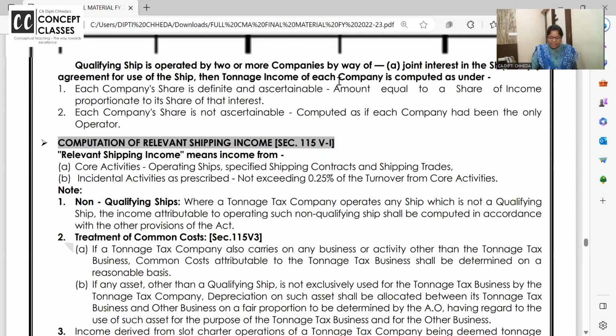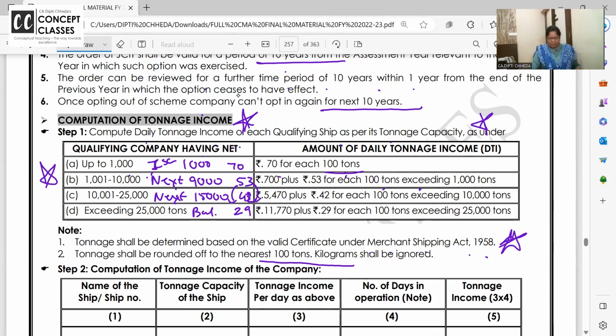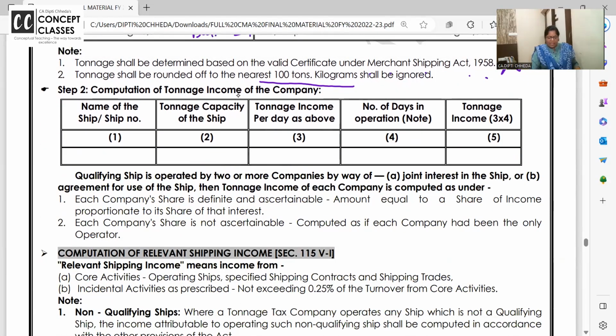They will not print and give. But easy है ना. 70, फिर 53, फिर 53 से एक यहाँ कम, 4 यहाँ कम, 42 and 20. 1,000, 9,000, 15,000 balance.